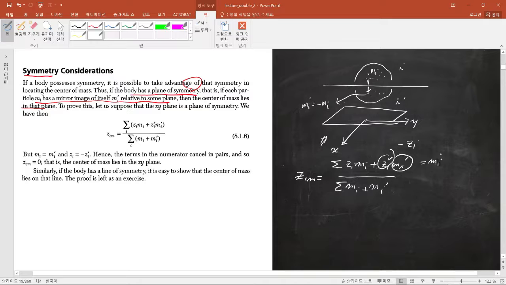That is what is meant by the planar symmetry. So for each zi and mi, you have exactly minus zi times the same mi. So this is 0. Without any further calculation, you can conclude that if an object has planar symmetry, then the center of mass must lie at z equals 0 here.